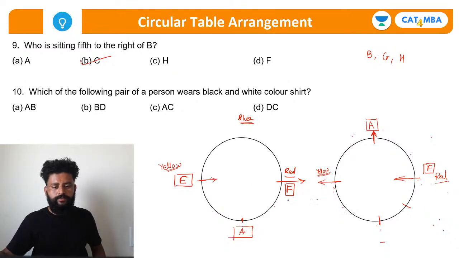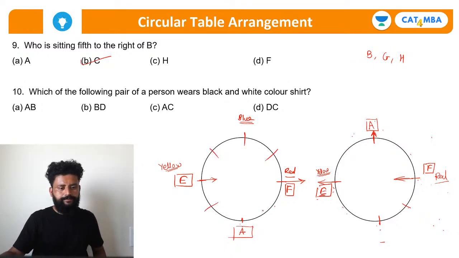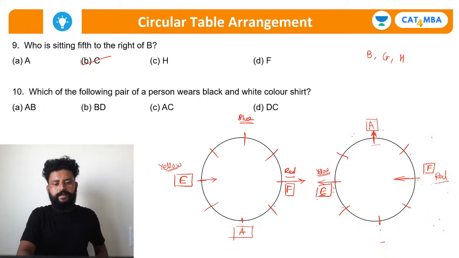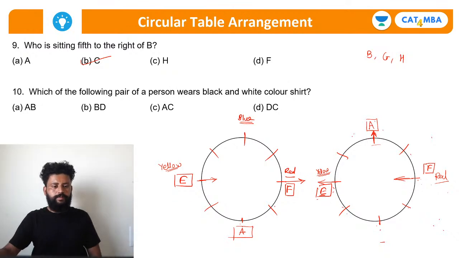I got this, and even we can keep this as E. Okay. Next thing we have is C and D are opposite, and D के बाजू में blue आएगा, तो यहाँ पे blue होगा, यहाँ पे blue.